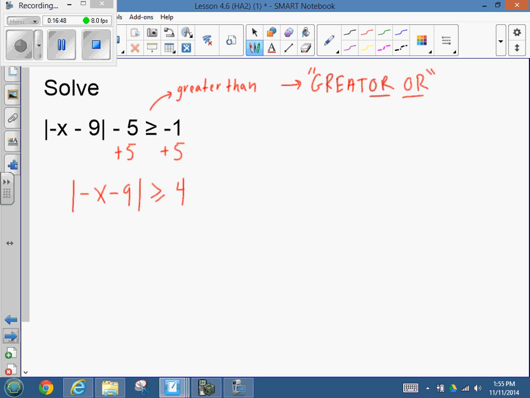With the greater than problem, you're going to set up two cases. Case 1 is pretty simple. You are simply going to rewrite the inside of the absolute value, keep the sign, and keep the number to the right of the sign. This is case 1.